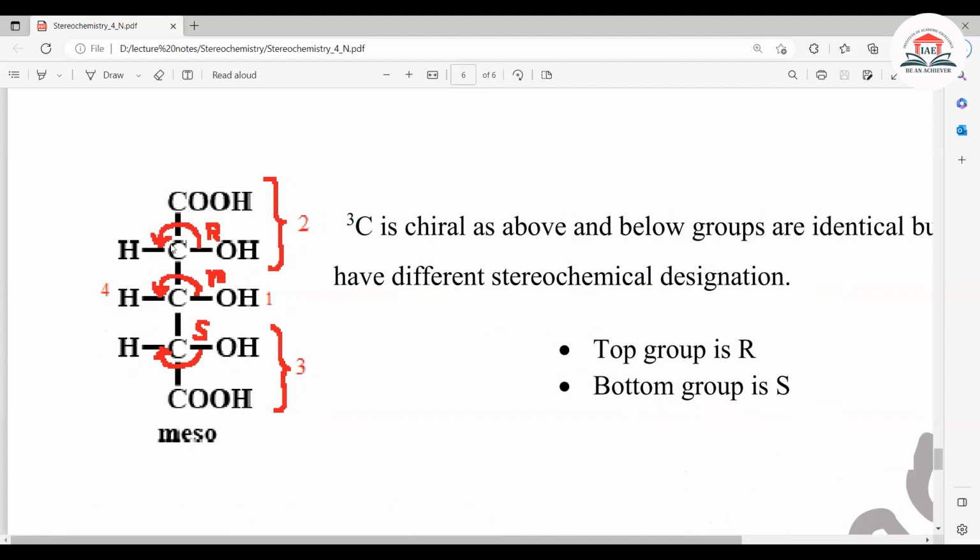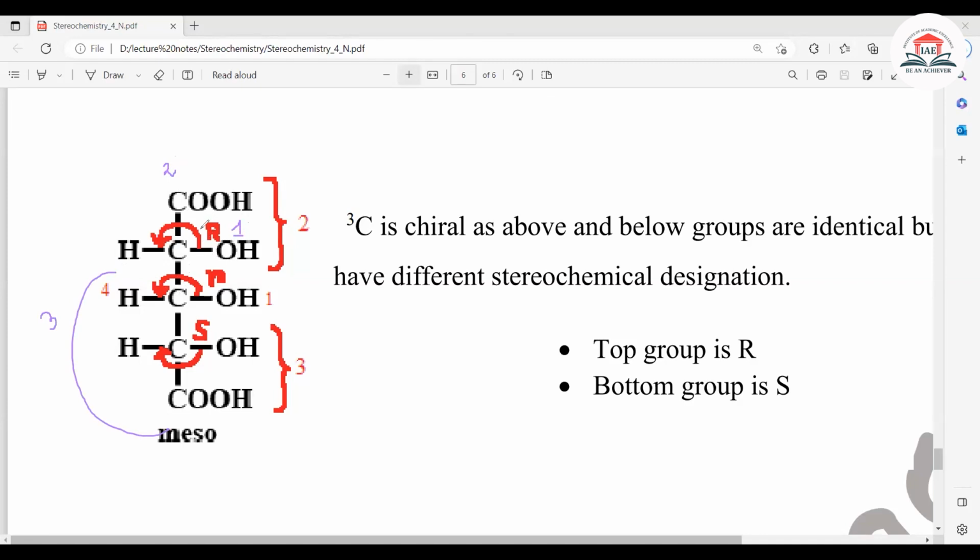Okay, so here I have shown the configuration. See, first the top group. Here, what is the priority of OH? 1. Then COOH, because C is directly attached to oxygen, and in the bottom group the C is attached to carbon, so this group will get second priority, and the entire other group will get third priority.